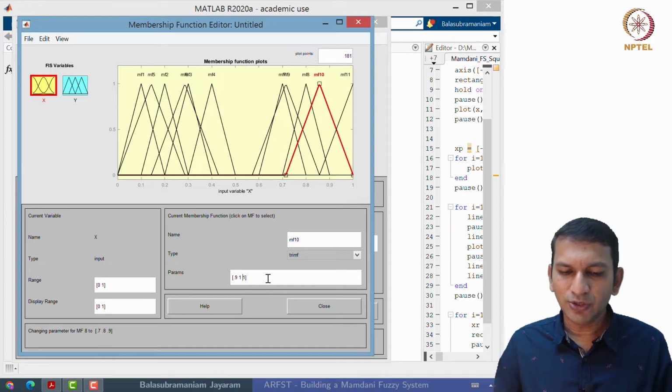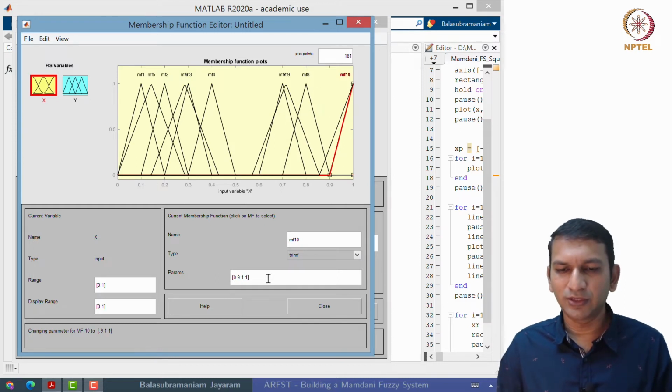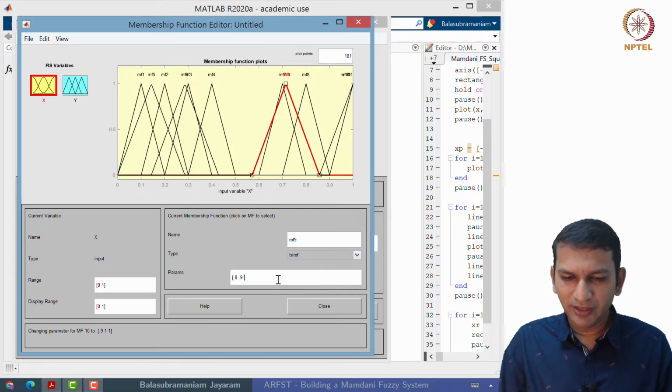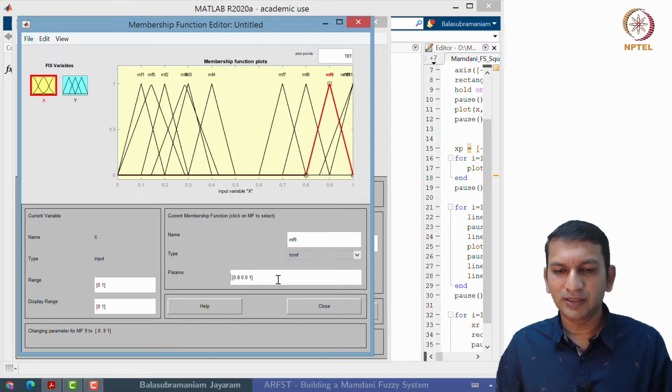So we will saturate it at that, and we'll keep it as 0.9 to 1. So this is how it will look. This is MF11. We'll come to this in a moment. MF9 should be centered at 0.9, which means the support of it is okay.